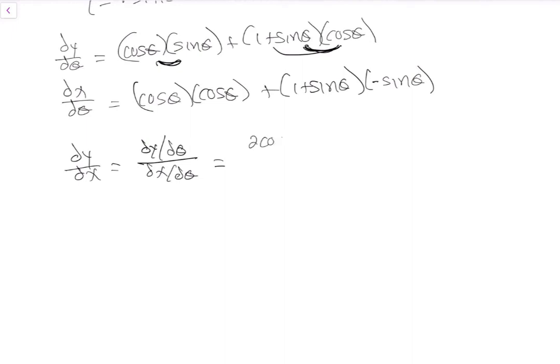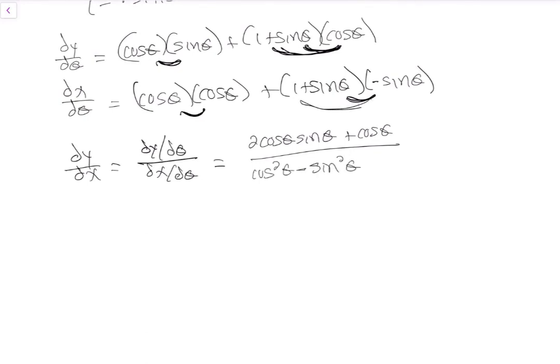So I'm going to actually have two cosine theta sine thetas, and then cosine theta times 1. And then in my denominator, I'm going to get cosine theta squared, negative sine theta squared, and then negative sine times 1.